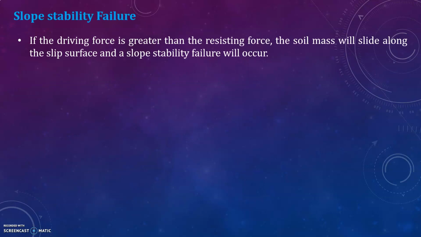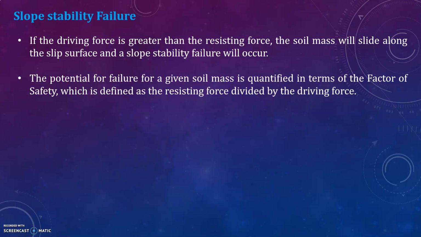Okay, slope stability failure. If the driving force is greater than the resisting force, the soil mass will slide along the slip surface and a slope stability failure will occur. Then the potential for failure for a given soil mass is quantified in terms of the factor of safety, which is defined as the resisting force divided by the driving force.